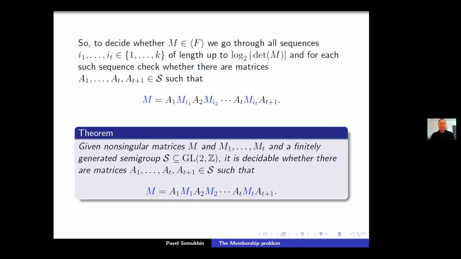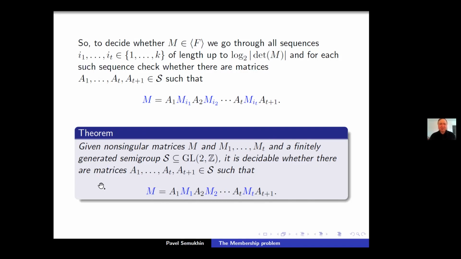Okay, so now we need to decide, for a given sequence of such matrices M_I1 to M_IT, whether there exist matrices from the semigroup S that satisfy this equation. And this is what we are going to prove next. I explicitly stated this theorem so that we know what we are proving.